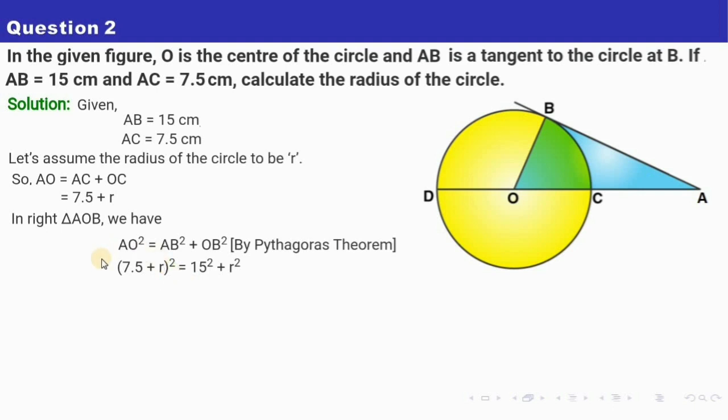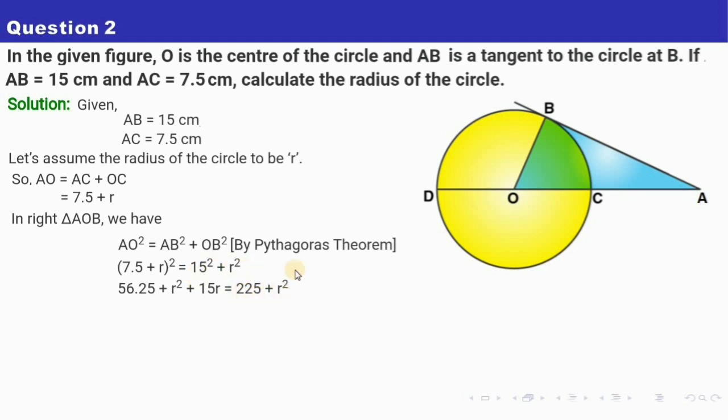Now the next thing that you're going to do is apply the (a plus b) whole square formula. So when you apply the (a plus b) whole square formula, you will have this on the left hand side. Please don't just copy, evaluate this. Use the (a plus b) whole square formula and make sure that you get this much. So we have 15 square is 225 plus r square.